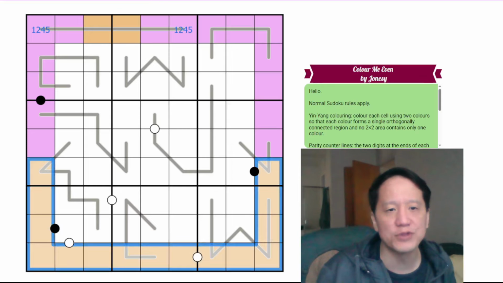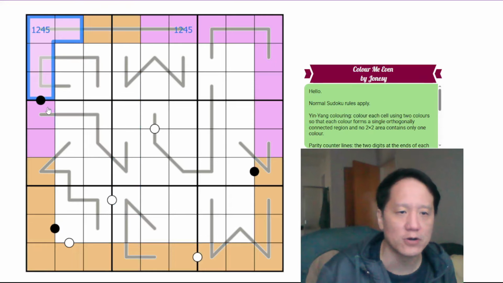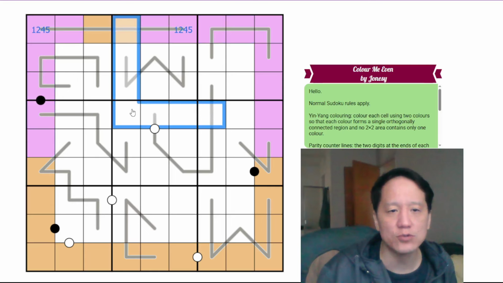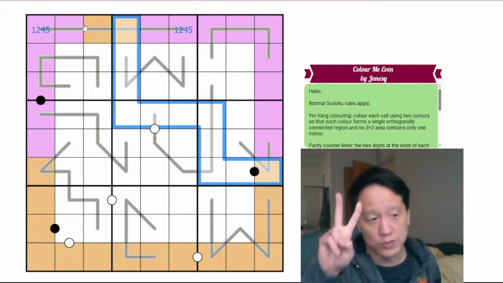Well, how do you orthogonally connect the orange regions together without breaking apart the pink regions? You can't. Trying to get any sort of orthogonally connected shading will break the pink into two because you're swapping more than 2 times.